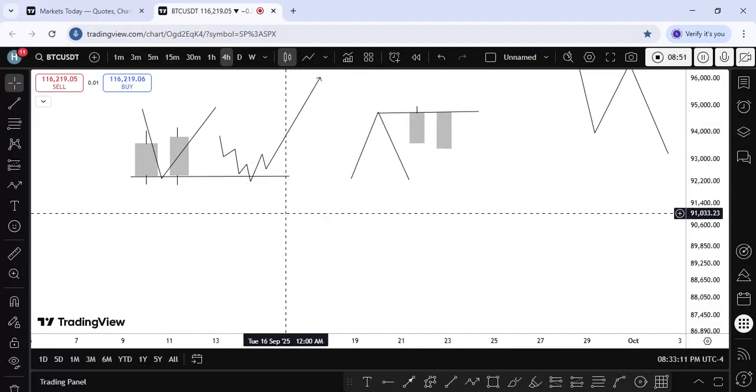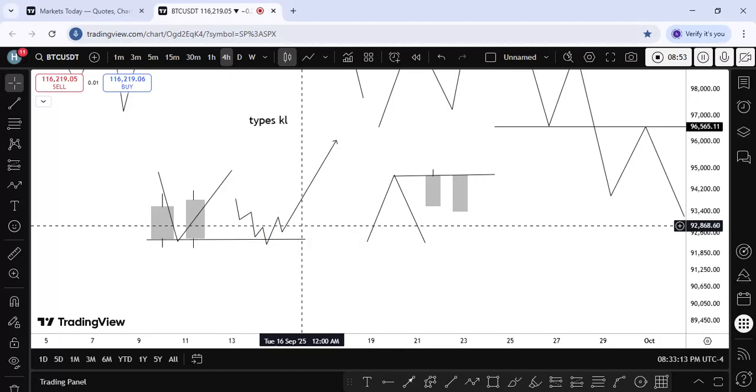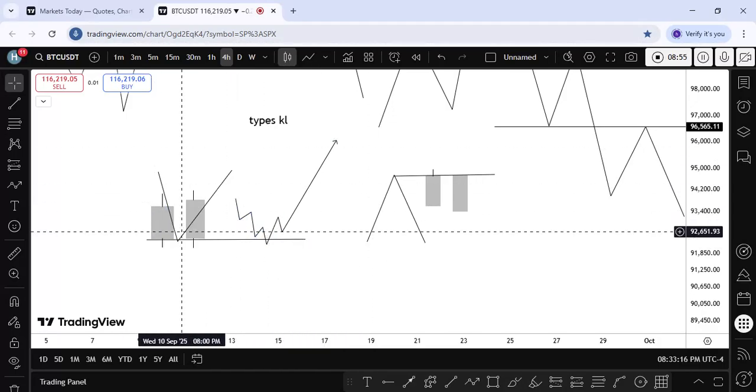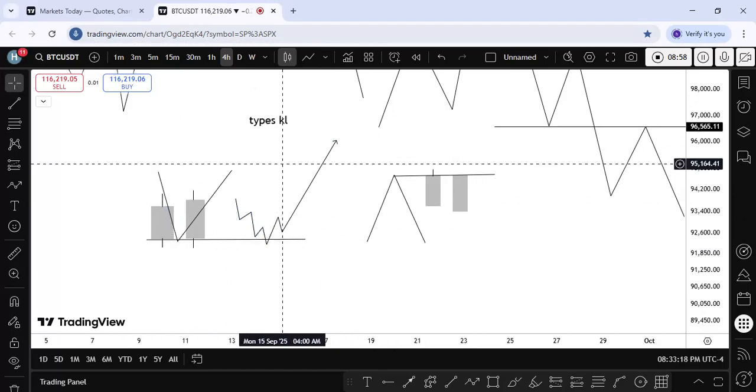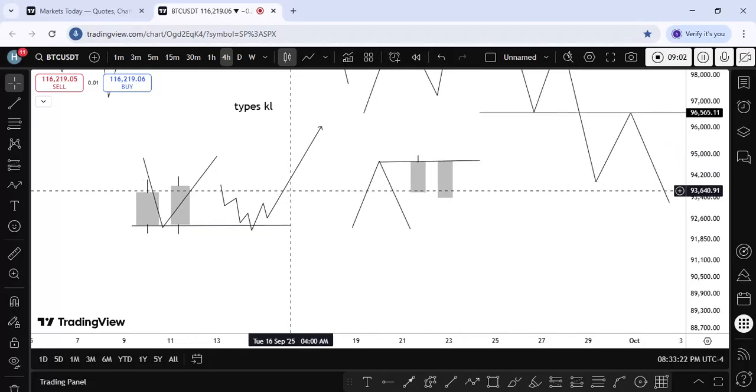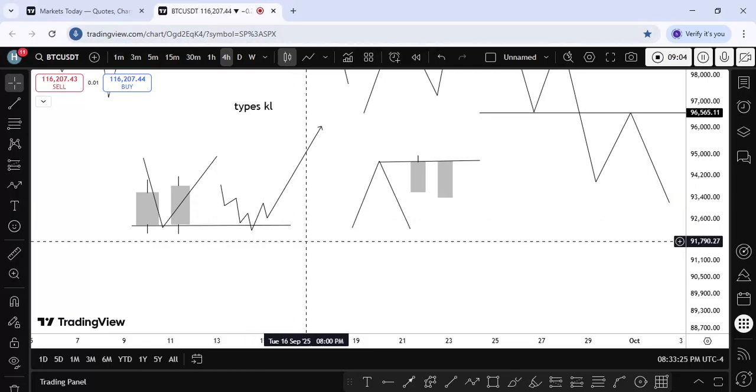I've told you guys from the previous lecture that the price bounces from what? Internal range liquidity up to the what? External range liquidity. The market seeks liquidity.